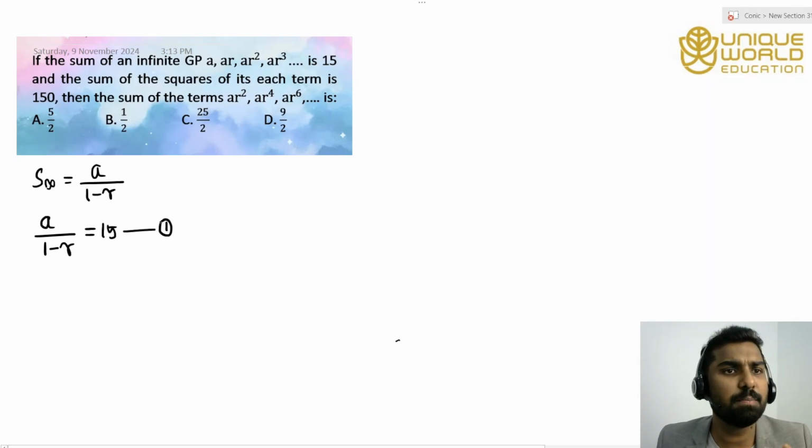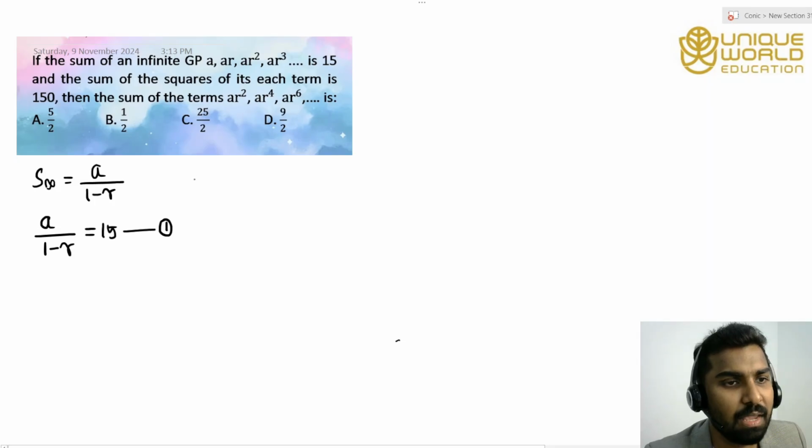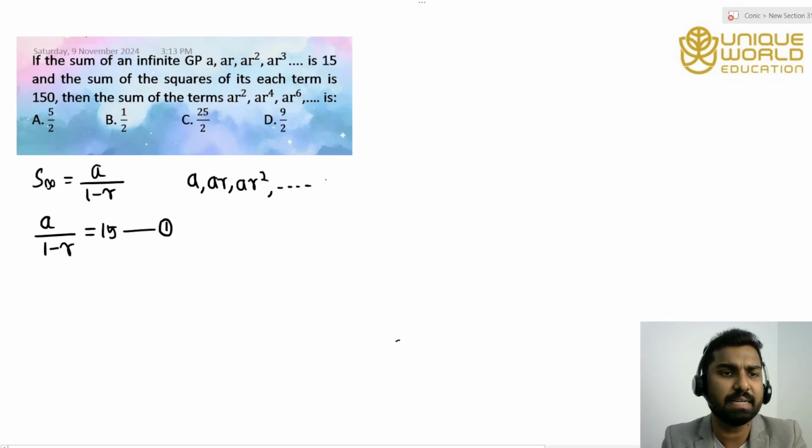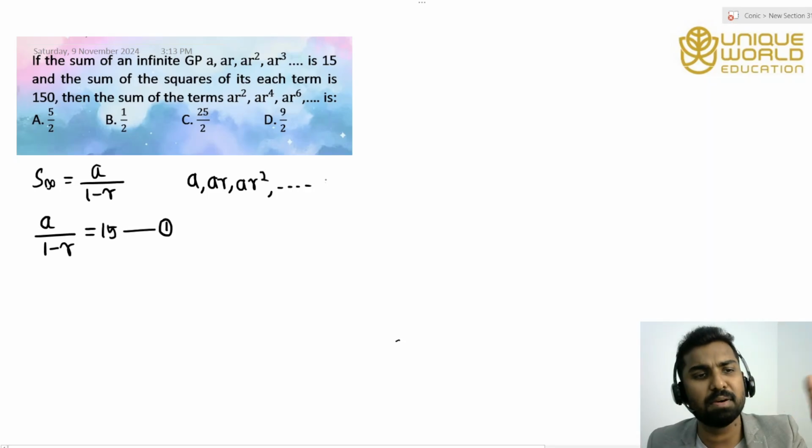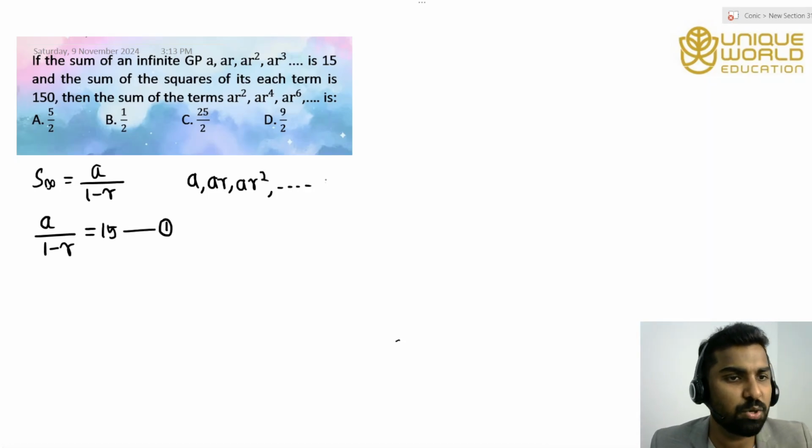Then, the sum of the squares of each term is 150. So if you take the GP a, ar, ar square, etc. going up to infinite terms, a divided by 1 minus r is given as 15.